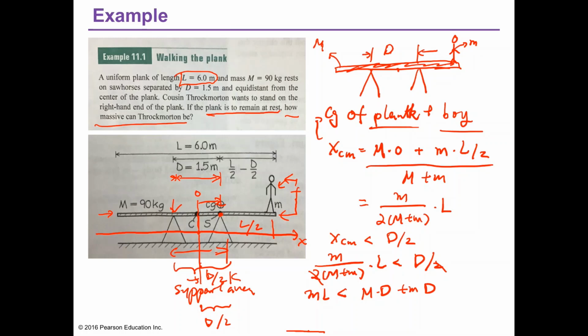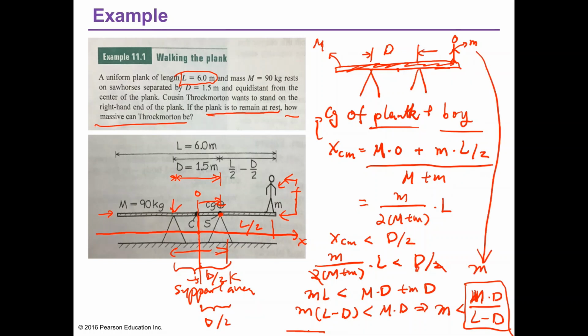Then we basically have m times L minus d smaller than big M times d, and basically small m needs to be smaller than big M times d divided by L minus d. Then this is the maximum mass the little boy can be.